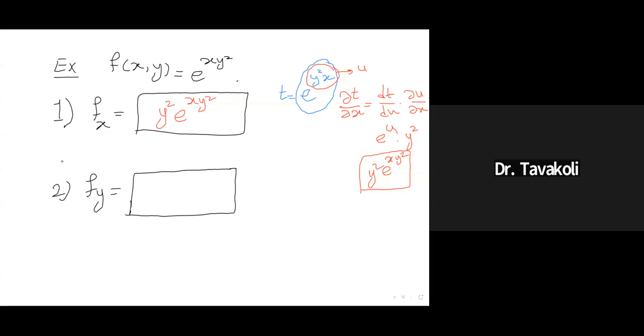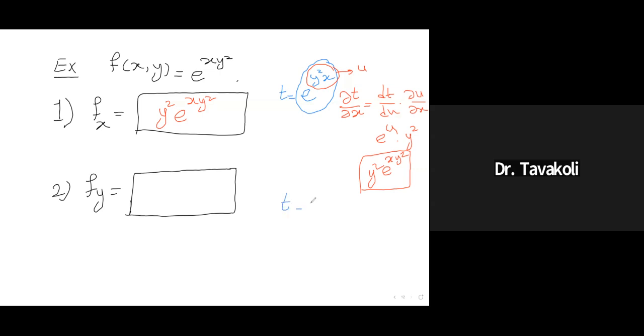The second one, I should deal with y as the variable and x as a constant. Again, that requires using the chain rule, similar to the chain rules that you have seen in calculus 1. So here, again, let me give a name to that.